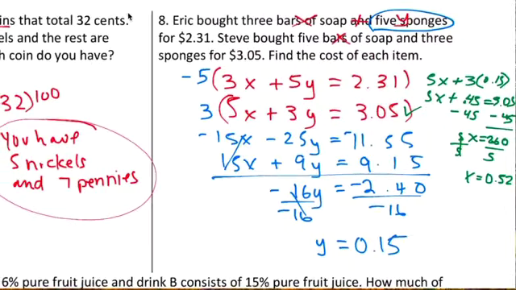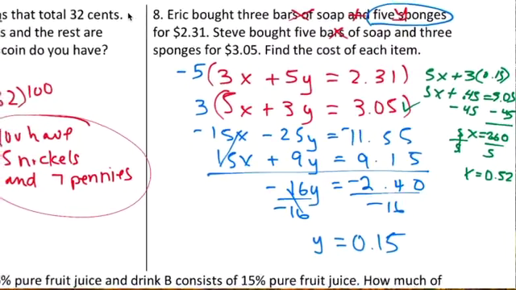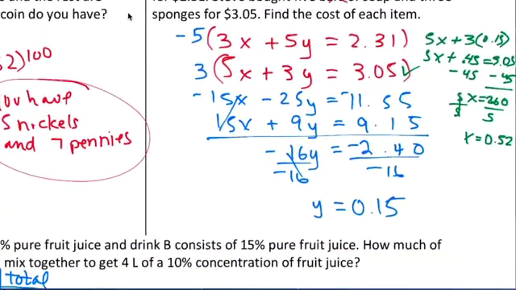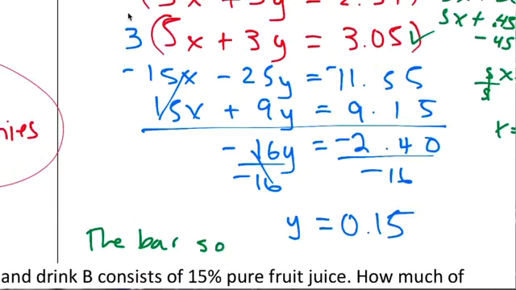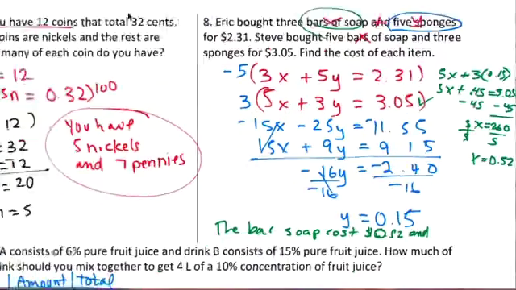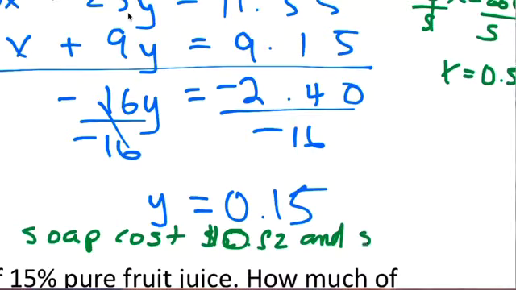So bar soap is 52 cents, because x belongs to the bar soap, cost 52 cents. And y is sponge. Sponge cost 15 cents.